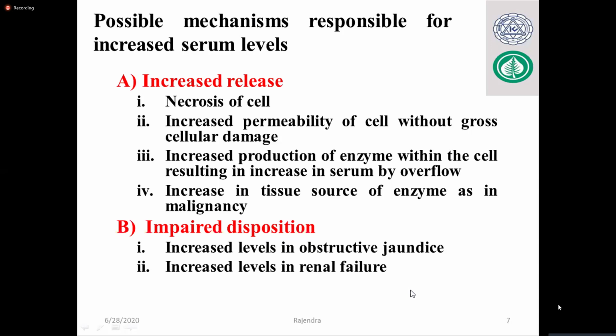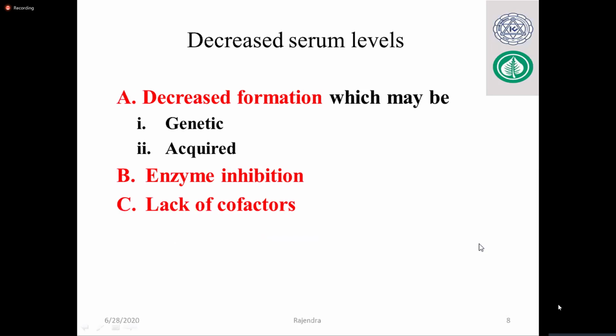That is why we can say there is something wrong in your kidney if we find a very high amount of creatinine or urea. That is happening because of impaired disposition or abnormal accumulation of these waste products in our body. And not only increases, sometimes we measure decreases also.